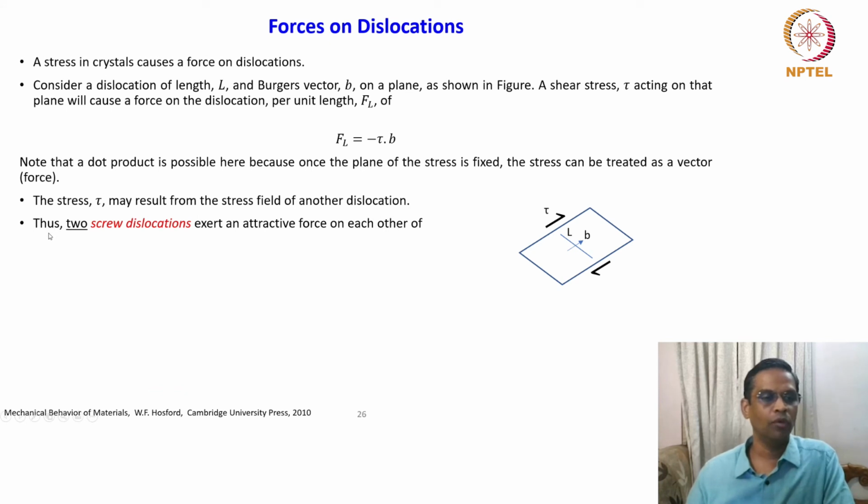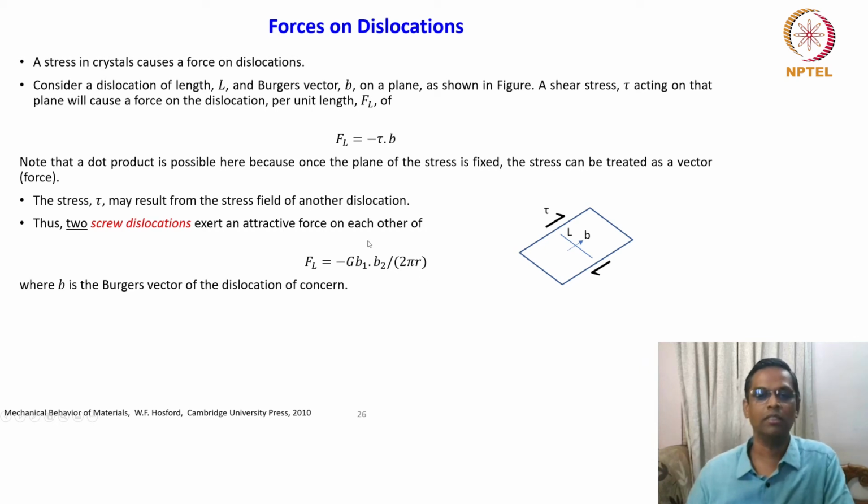So if you consider two screw dislocations exerting an attractive force on each other, then the force will be FL is equal to minus G B1 dot B2 divided by 2 pi r. So what are we now doing additionally? We know the term G by 2 pi r already. The new term is B1 dot B2, because we are considering two dislocations, and how the stress field of one dislocation influences the other.